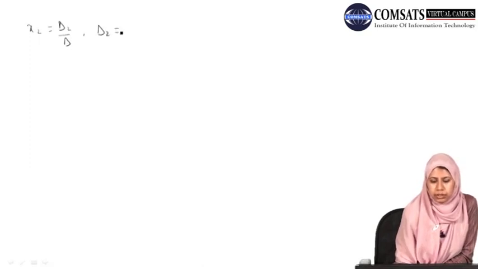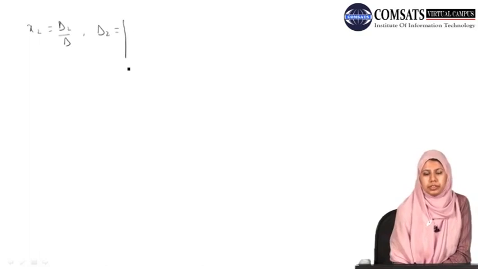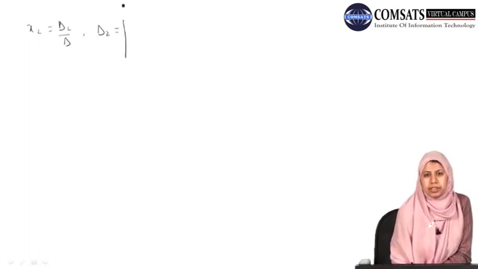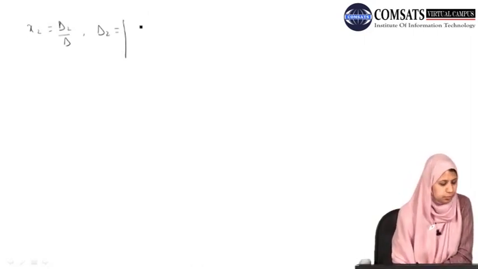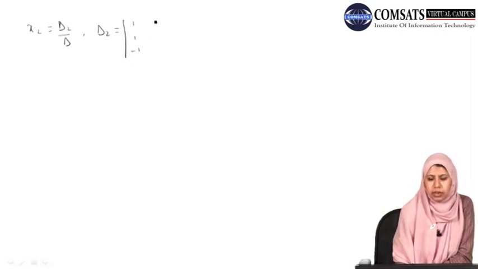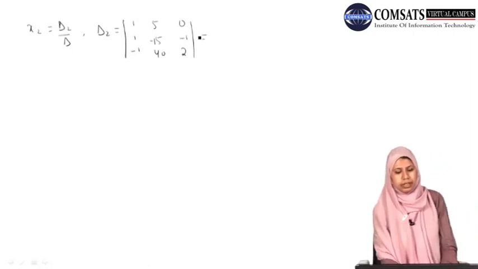Okay, what is our x2 here? x2 is delta 2 over delta, and delta 2 is the determinant of the matrix obtained by replacing our second column with the matrix of constants, which is 1, 1, minus 1. Second column replaced with the matrix of constants with 5, minus 15, 40, and the third column as it is 0, minus 1, 2, and now taking the determinant.